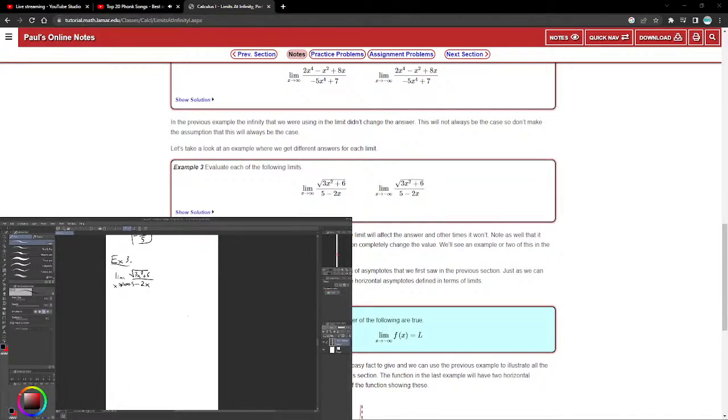I left off on example 3. So what's the problem with this? Square root.